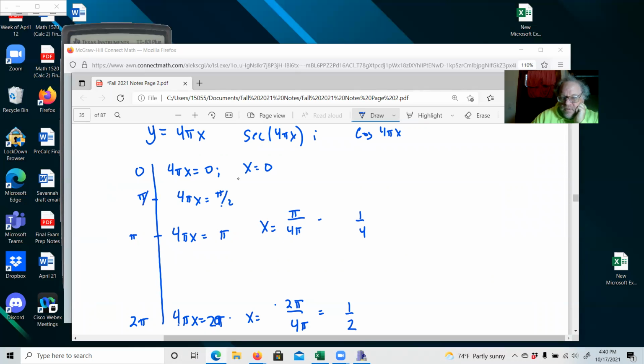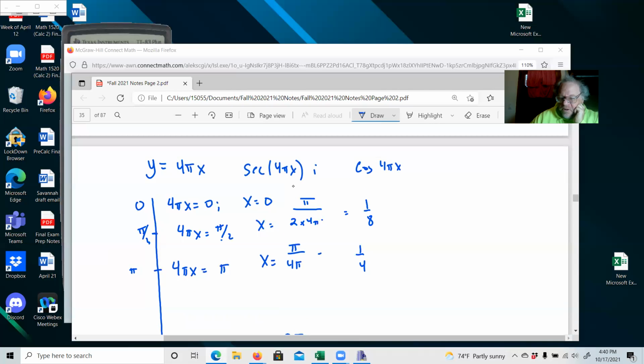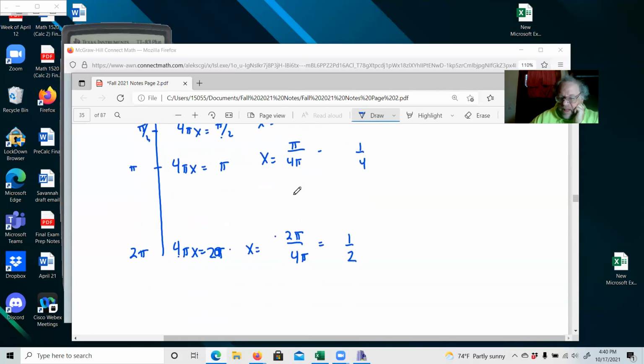Taking the reciprocal, x equals pi over 2 times 4 pi. Pi's cancel, and we end up with 1 over 8. So we have 0, 1 over 8, 2 over 8, blank, 4 over 8.